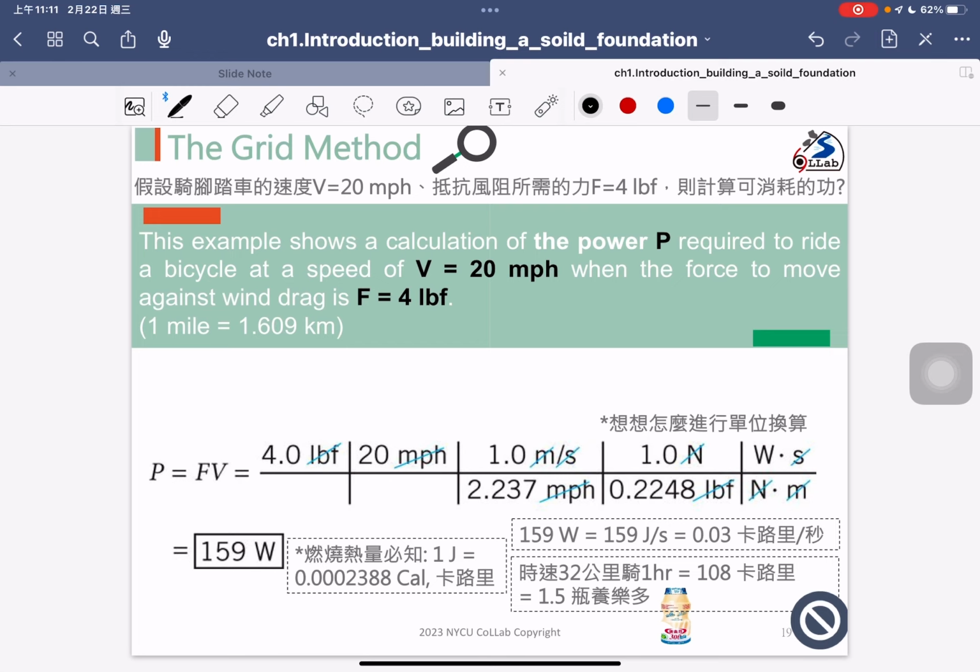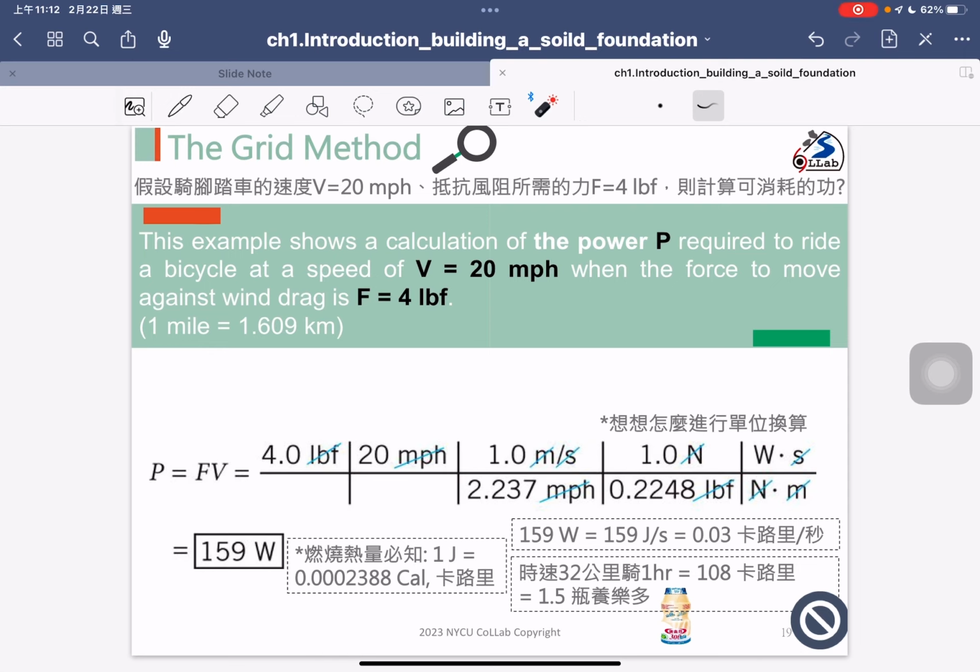The first example shows calculations of power. The most important thing is that you need to know what power is. The power required to ride a bicycle at a speed v equal to 20 mph. So the second question is, what is mph?